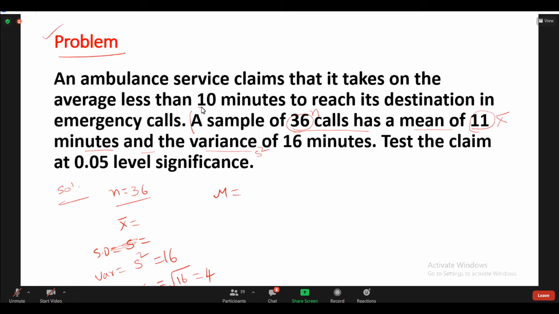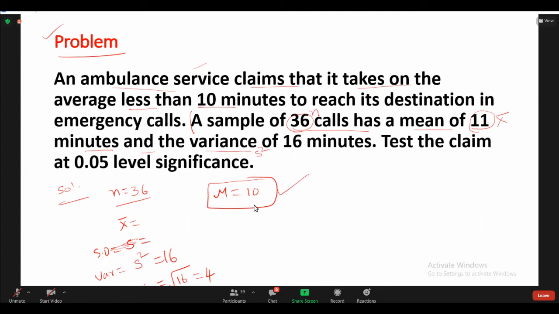What is this 10? Ambulance service is the population. It is claimed that it takes an average less than 10 minutes to reach its destination in emergency calls. That means population mean is 10.